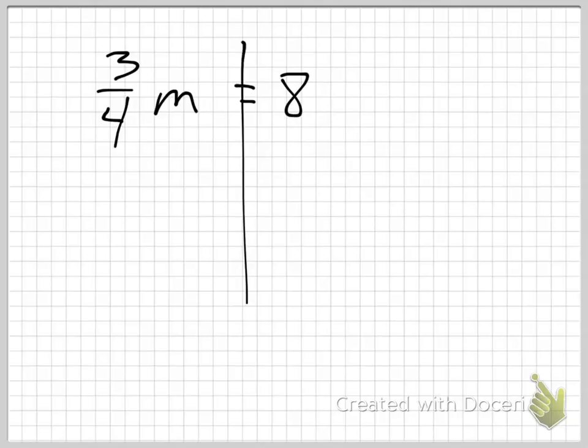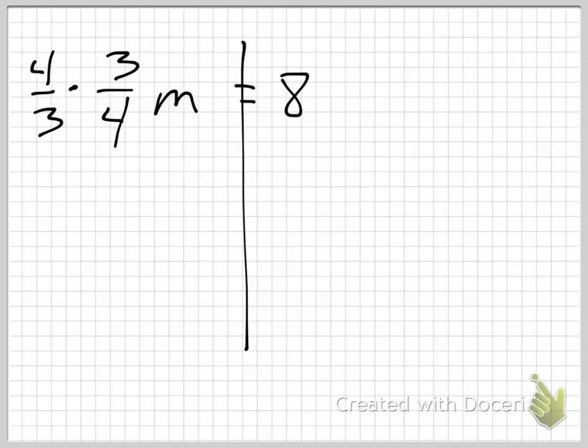Let me show you another one. 3/4 m equals, we'll do 8. Line down the equal sign. What should I multiply that by? The variable's not happy because it's being multiplied by 3/4. What can I do to get rid of that multiply by 3/4? Multiply by 4/3.